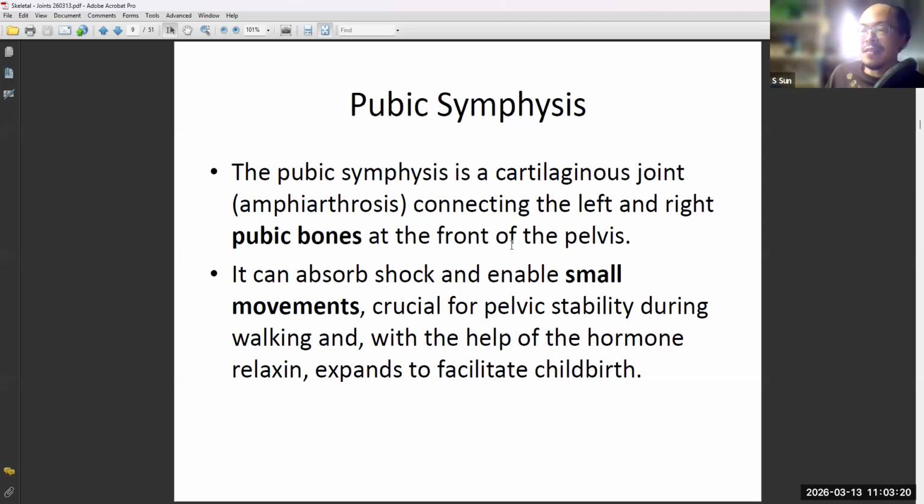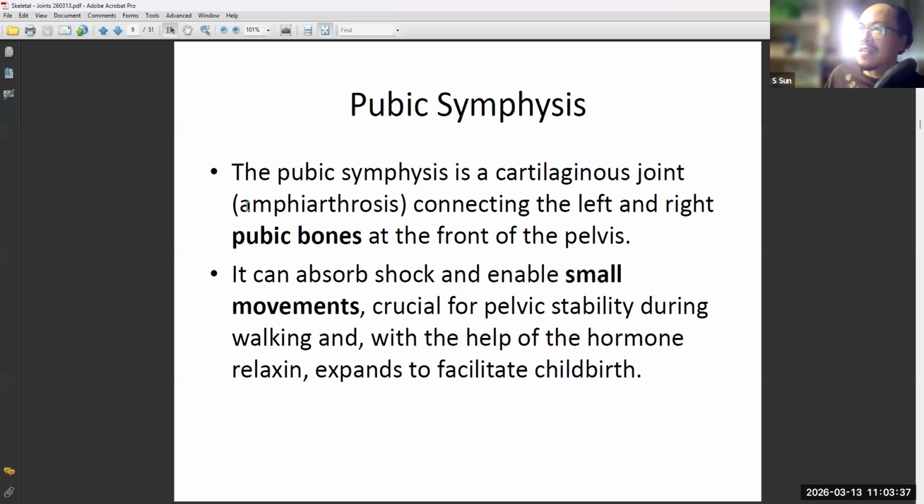This is an amphiarthrosis, and there are two subtypes. The subtype of that is called symphysis. It's made by fibrous cartilage, right? It's a fibrous cartilage.